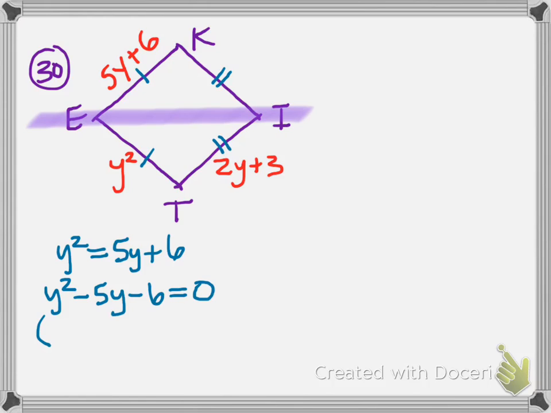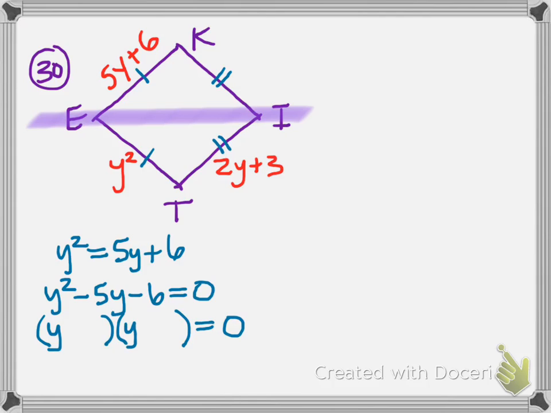I'm going to factor this left quadratic trinomial into 2 binomials. Because my y squared has a coefficient of 1, I'm going to put y and y at the beginning of my 2 binomials. Now I need to look at the factors of my constant, which is -6. So 2 numbers that will multiply to make -6, but that will add to the coefficient of my middle term, which is -5.